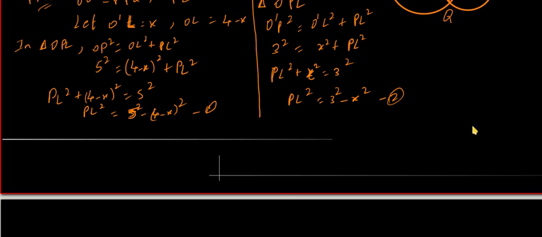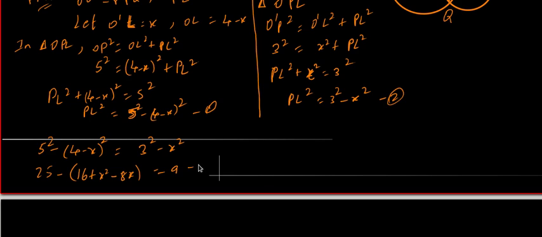Here the left hand side of both equations is PL square, so we can equate the right hand sides: 5 square minus 4 minus X the whole square equal to 3 square minus X square. If we expand this bracket, 5 square becomes 25, minus the expansion of a minus b the whole square: a square is 16, plus X square, minus 2ab, that is 2 times 4 is 8, so 8X, equal to 3 square, which is 9, minus X square.